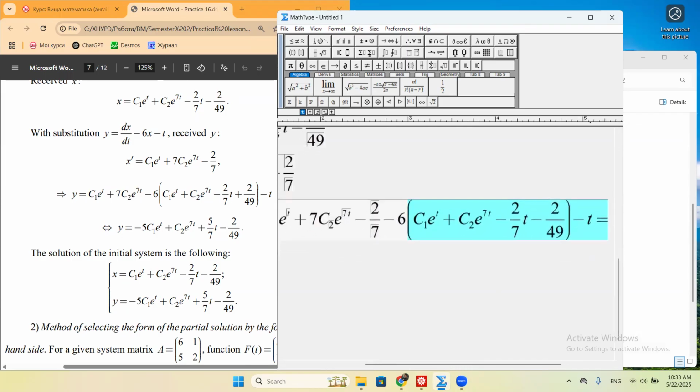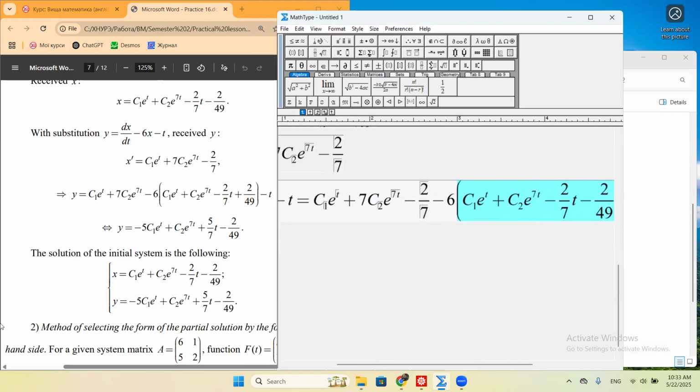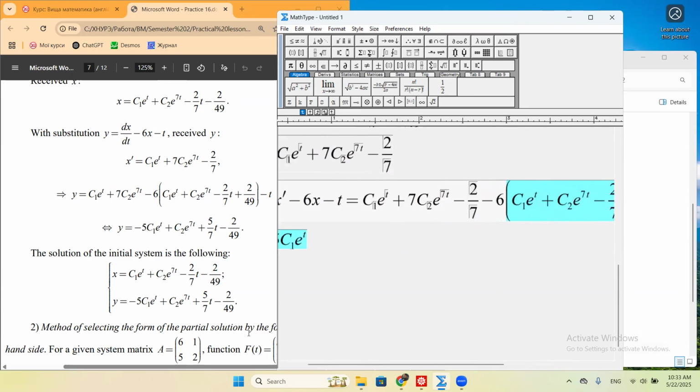So moving next. Plus C2 e in power of 7t plus 5 over 7 t minus 2 over 49.